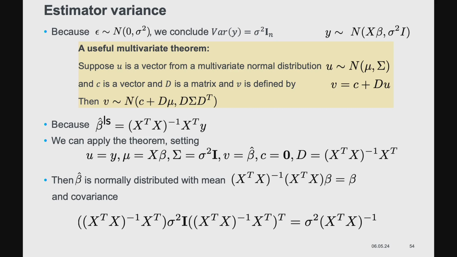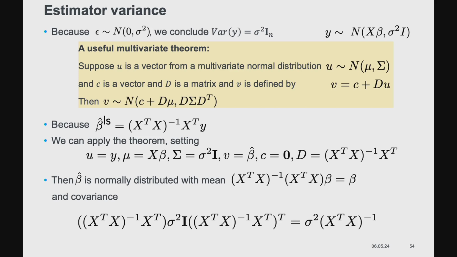Just imagine this x is a number. Then obviously as this number grows, this variance is reduced. Well, we don't have a number, but we have a matrix. But as the matrix grows, we have more and more data observations. This term here becomes smaller. With more data observations, we reduce our variance.